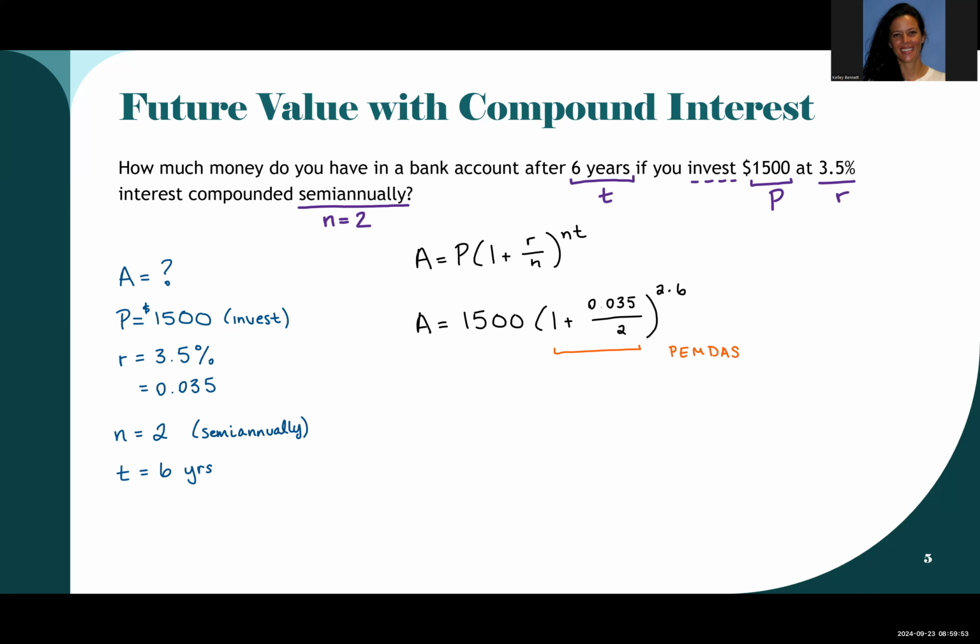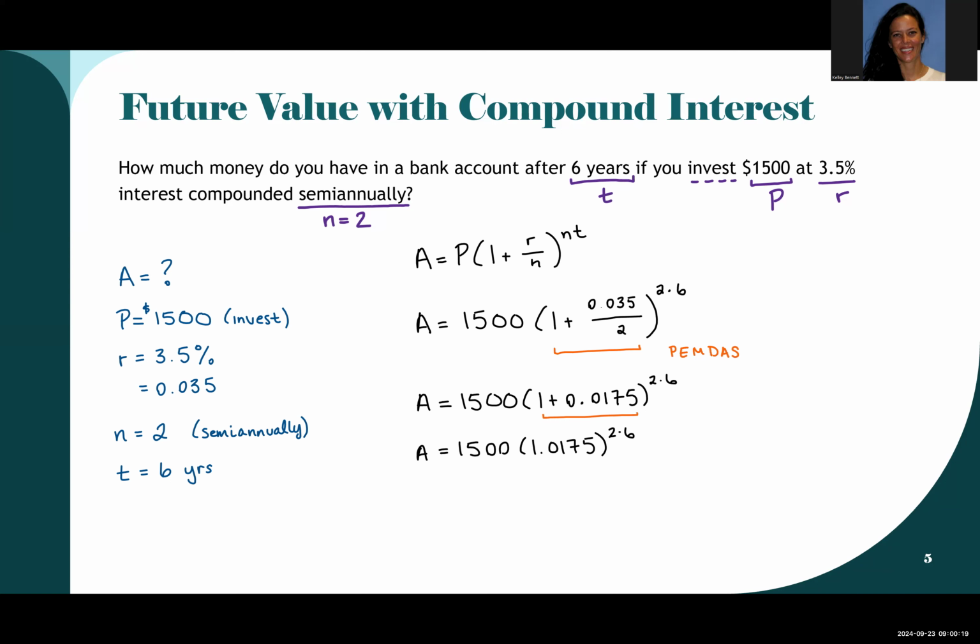I'm going to take 0.035 and divide it by 2 and give myself a decimal. So I still have my 1,500 and then 1 plus 0.0175, and I didn't do anything to the exponents. Now I'm going to continue working within my parentheses, just adding 1 to the decimal. So I get 1,500 times 1.0175 to the 2 times 6.